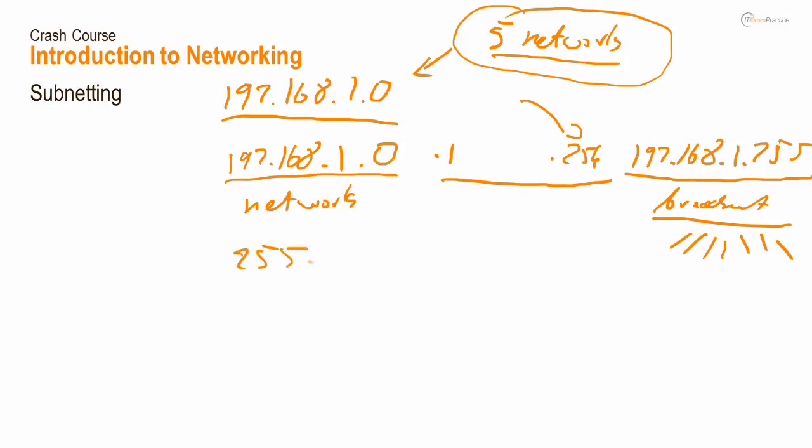Do you remember? 255.255.255.0. Do you remember what I said? The first 3 octets have to match. It's for your network. And if they have to match, you're not allowed to touch them. You're not allowed to play with these octets. It means you can do something in the last one.